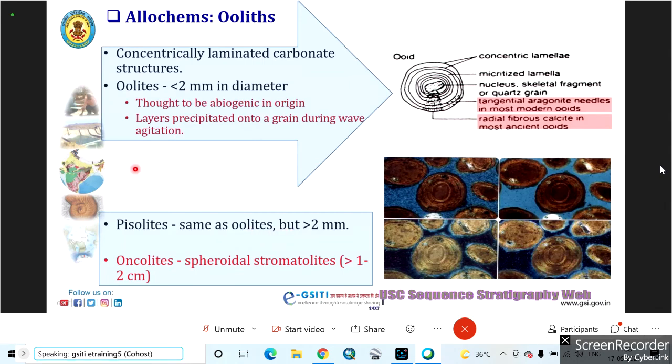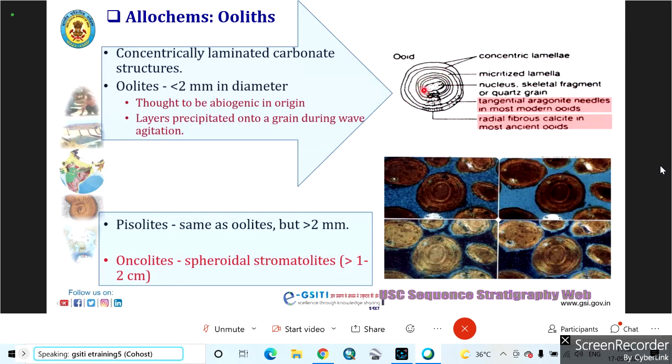Here is one specific kind of allochem, the ooliths. An oolith is a concentrically laminated carbonate structure, its diameter is less than 2 millimeter, and it is thought to be abiogenic in origin, its layers precipitated onto a grain during wave agitation. That is how ooids form. First there is a nucleus, which is either a rock fragment or skeletal fragment. Then subsequent deposition of concentric lamellae takes place.